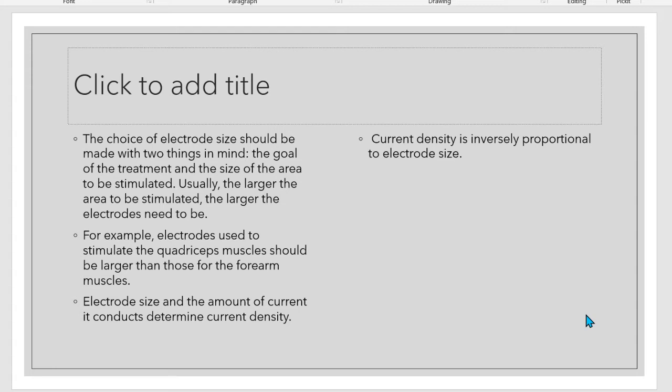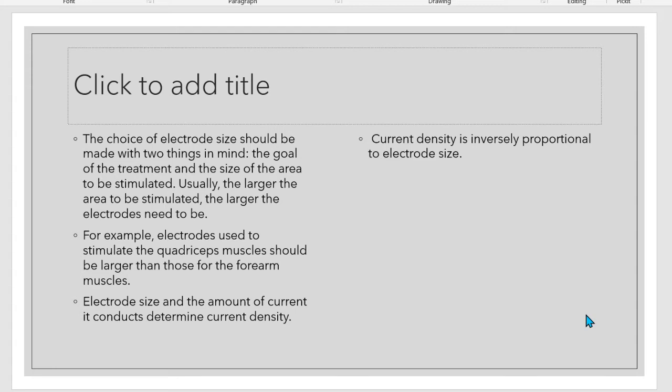So the choice of electrode size should be made with two things in mind. So kung magpili na ka sa kadakuon sa imong electrode, so na duha ka butang imong hunaon-hunaon. The goal of the treatment and the size of the area to be stimulated. So what is your goal? If your goal is to stimulate a larger group of muscles, then you use large electrode.